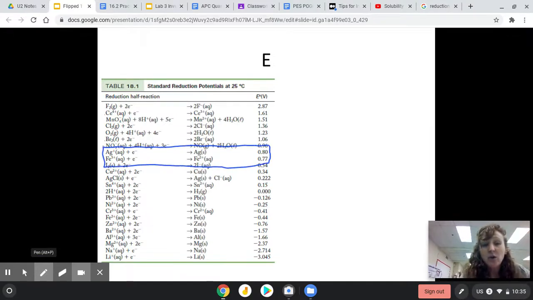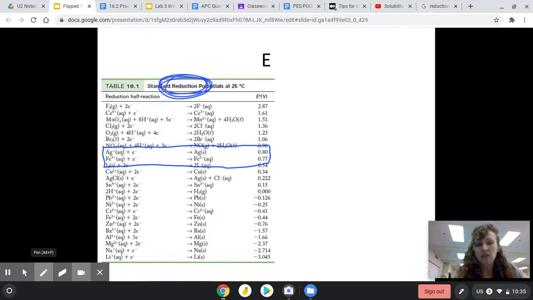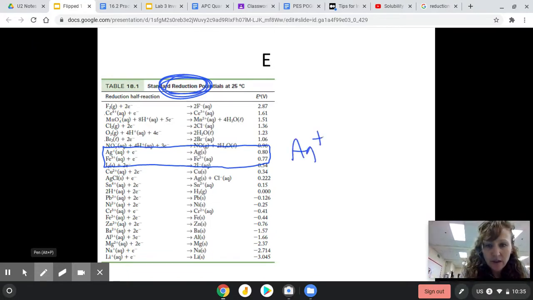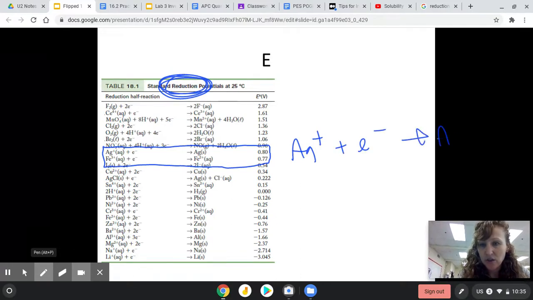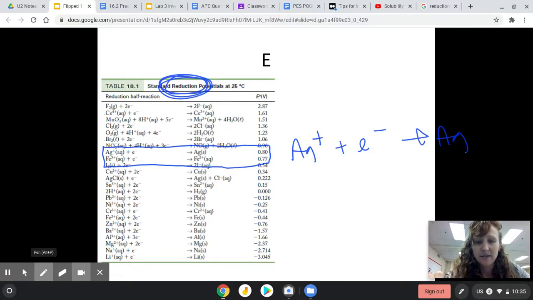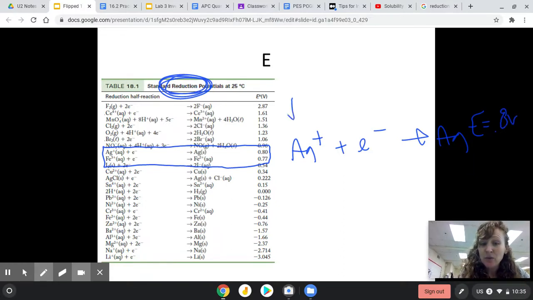Okay, so notice that these are listed as standard reduction potential. So they pulled out all of these half reactions. Look, silver, it's going to gain an electron and it's going to turn into solid silver. And it has a reduction potential of 0.8 volts. Now notice, silver is being reduced here. Silver is gaining an electron and it is being reduced.